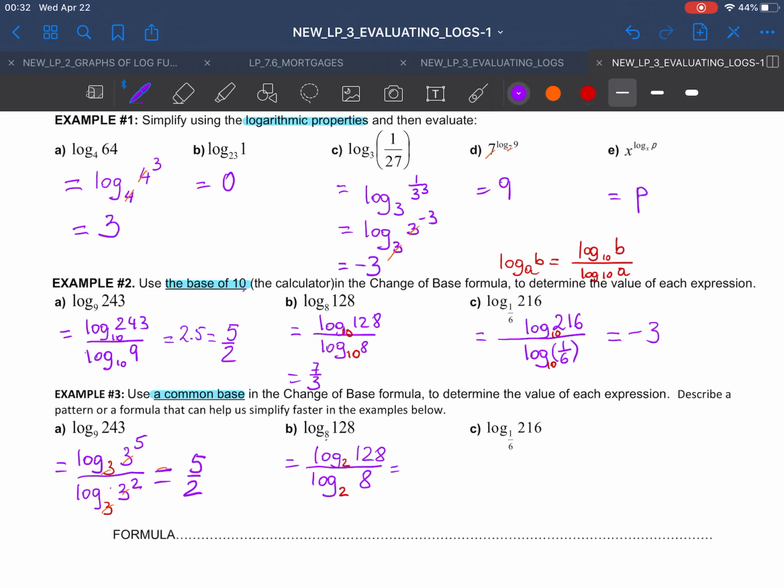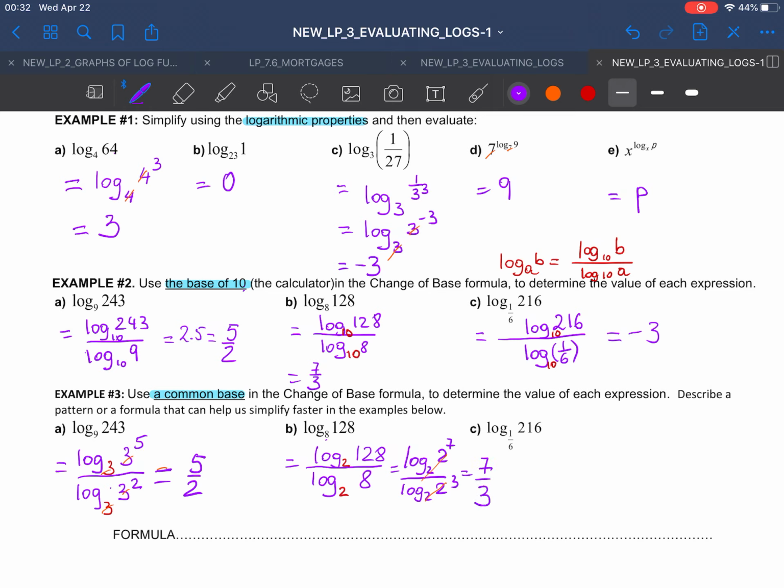So that equals log with base 2 of 2 to the power 7 over log with base 2 of 2 to the power 3. And notice how, based on the log properties, these two simplify and will leave us with 7 over 3.